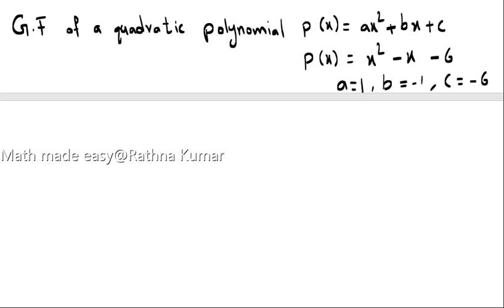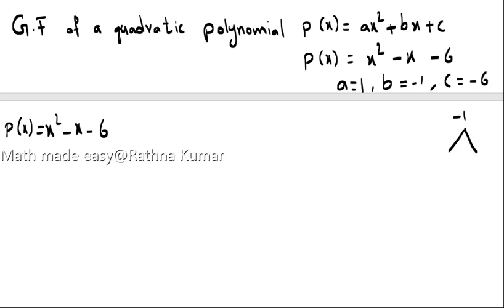We'll factorize this quadratic polynomial using splitting of the middle term. p of x is equal to x square minus x minus 6. So for splitting the middle term, we have to split minus 1 into two parts. How should the two parts be?